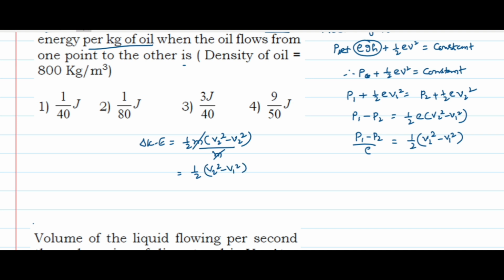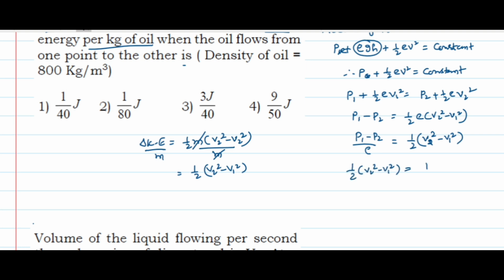This is the requirement of the question. So change in kinetic energy per mass is half into V2 square minus V1 square.